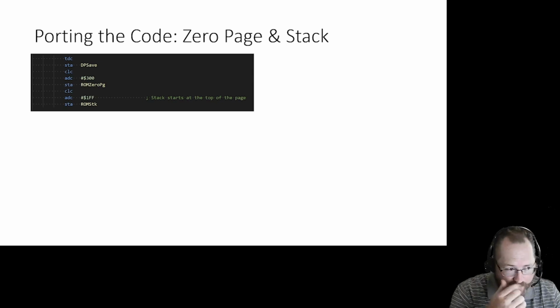In this particular example, I'm adding $300 to the base address because I need a few direct pages myself. That is what we set for the ROM zero page. Then we add on $1FF to set the stack to the top of the next page. So that's our 512 bytes of Nintendo RAM that we allocate there.